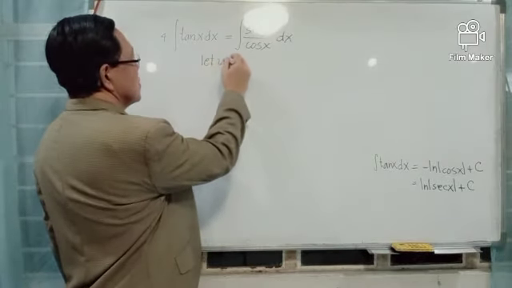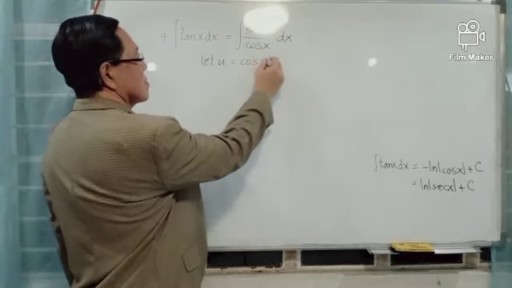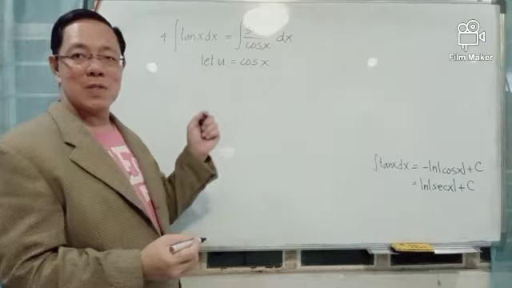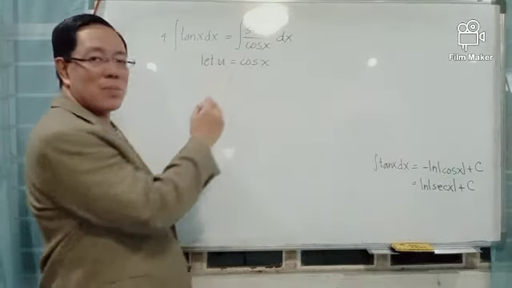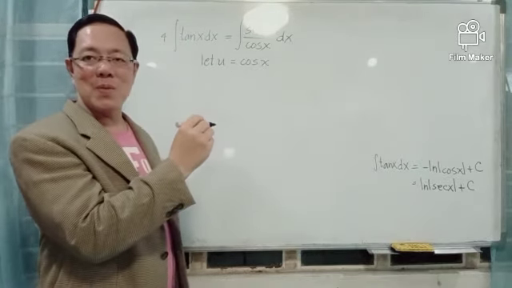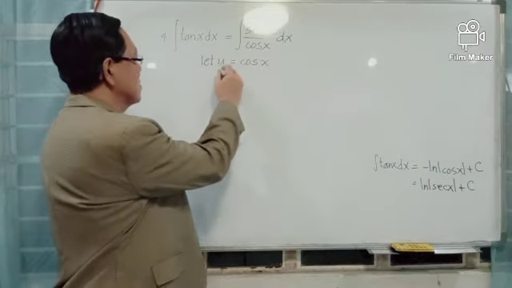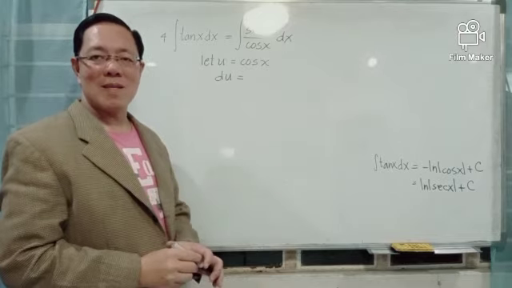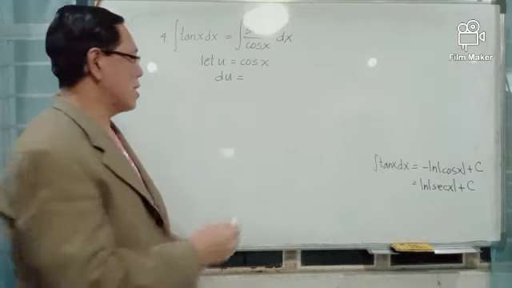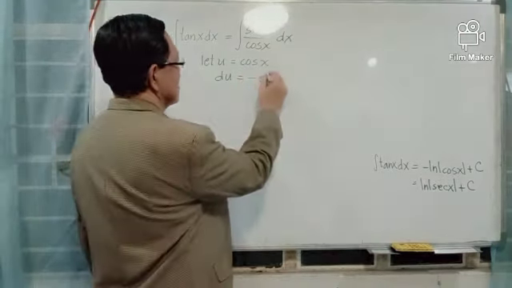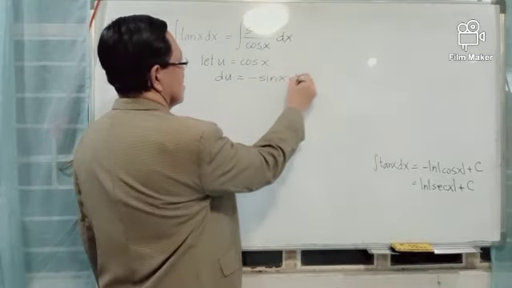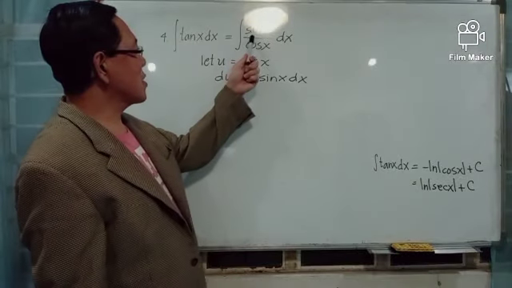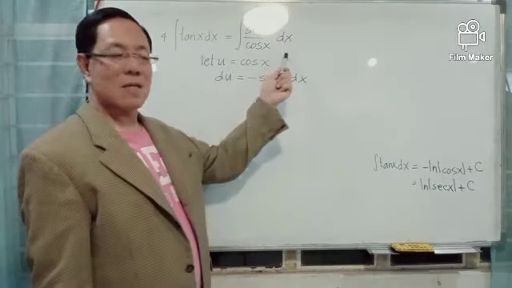We let u equals cosine x, and we differentiate both sides. Derivative of u is 1, multiplied by du. 1 times du is du. And derivative of cosine x is negative sine x dx. In the numerator, we have sine x dx.